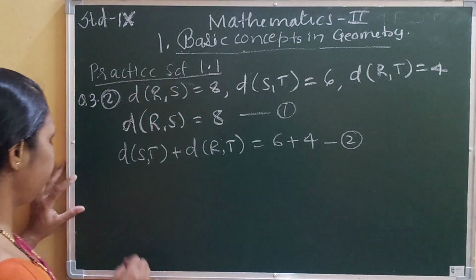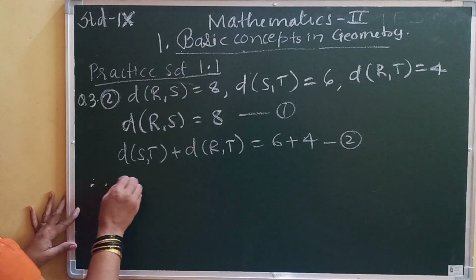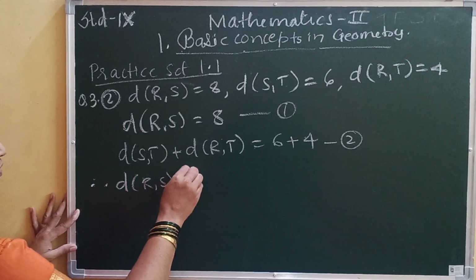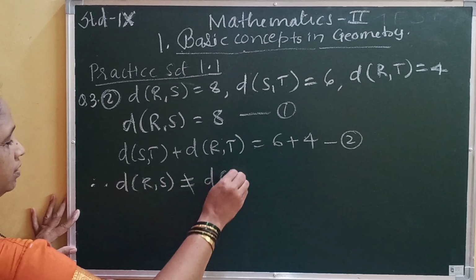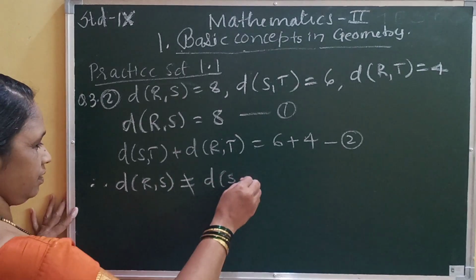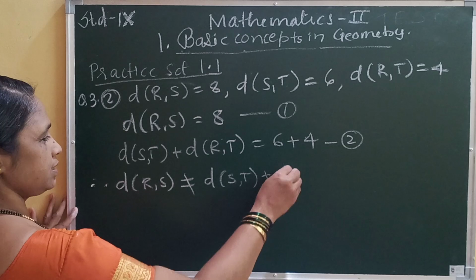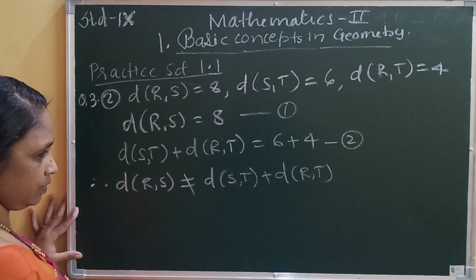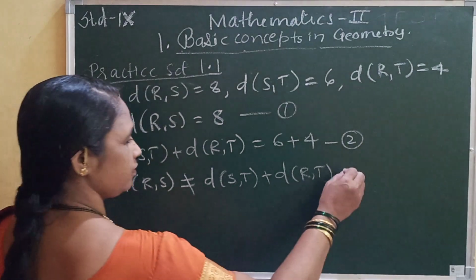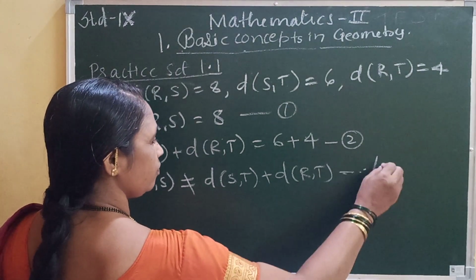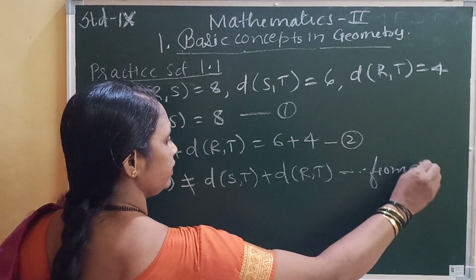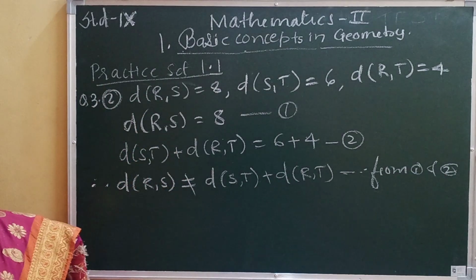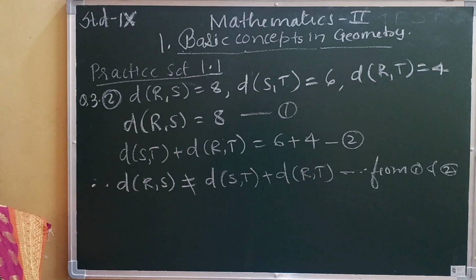Therefore distance RS is not equal to distance ST plus distance RT. From where? From 1 and 2 we have got this.